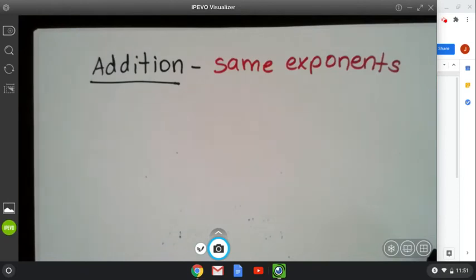Anytime we have a problem, we always want to write out our given. So the problem we're going to do is what is the total of the measurements: 3.61 times 10 to the fourth millimeters, 5.88 times 10 to the third millimeters, and 8.1 times 10 to the second millimeters.